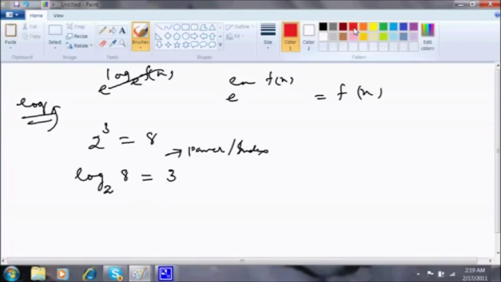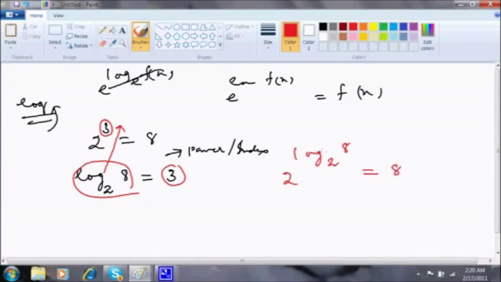Now this 3 is so much only, so I will just write it over here. So this is 2 to the power log of 8 to base 2 is 8. Try to understand, it looks as if I'm cancelling, but I'm not cancelling. This kind of cancellation is not allowed in maths.